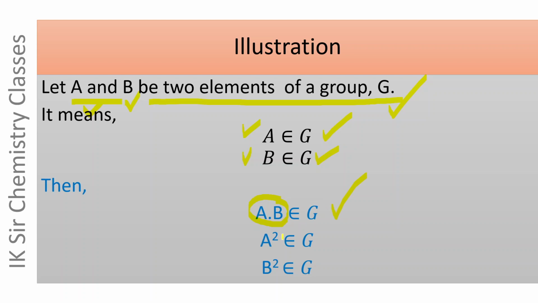At the same time, the square of element A must belong to the same group, and the square of element B should also belong to the group G. It is the law of closure. The product or combination of any two elements of a group as well as the square of each element of a group must belong to the same group.